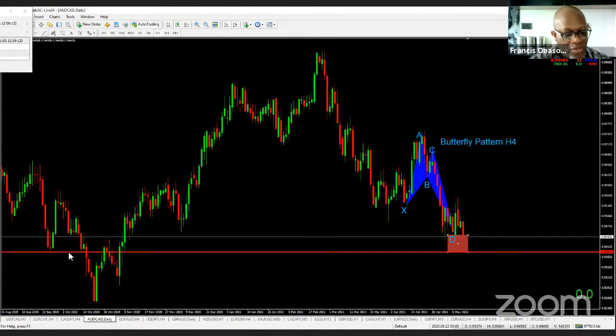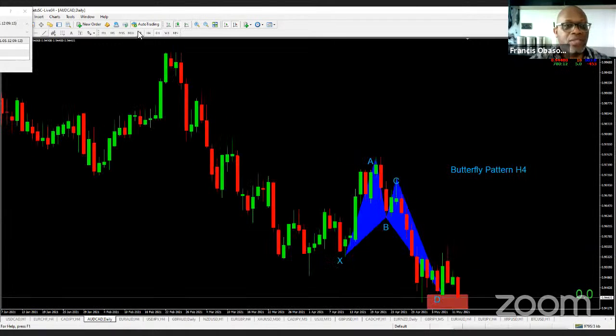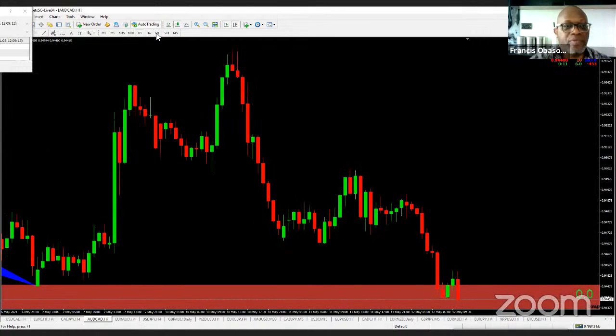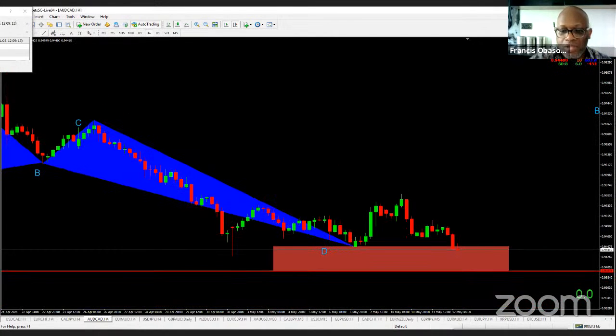You can see the structure on this side. If the price breaks below here, then it means that this butterfly pattern has become invalidated. That's what I'll be looking to do with that one. So if it breaks below here, I'll be looking to sell as opposed to buy.